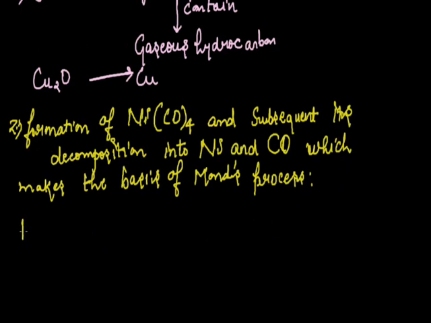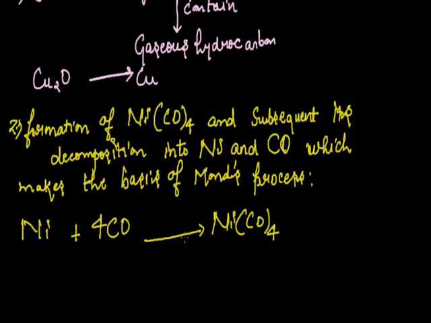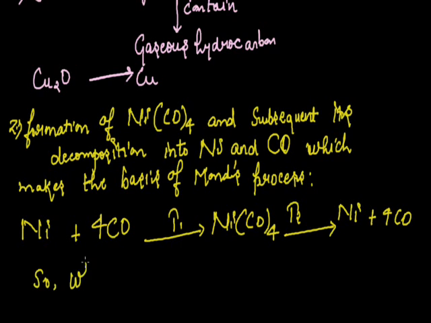So, if the following reactions are given, Ni combined with 4 molecules of carbonyl will form Ni(CO)4 at temperature T1, and again at a certain temperature it gets decomposed into Ni plus 4CO. So, what will be T1 and T2?